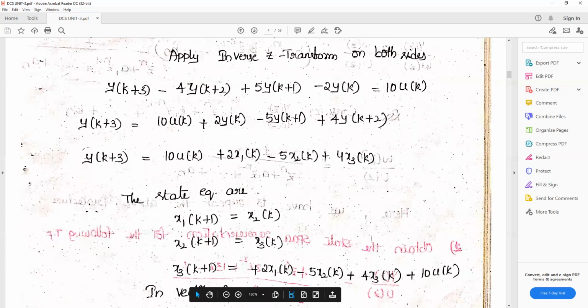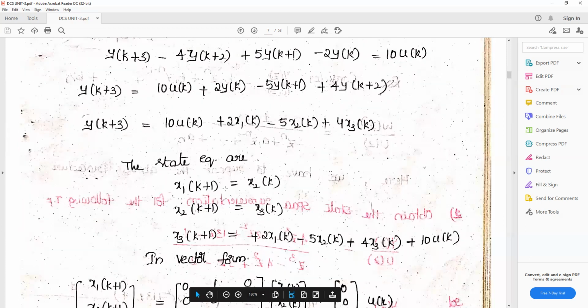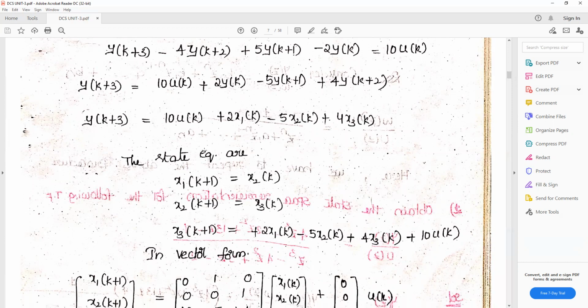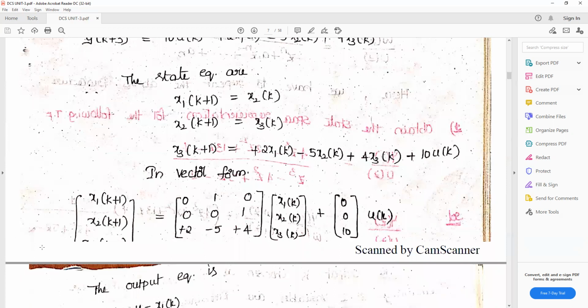so already we have the state equation. x1 of k plus 1 is x2, x2 of k plus 1 is x3, x3 of k plus 1 is minus 2, minus 5, minus 4 and 10. Okay, so x1 of k plus 1 is x2, x2 of k plus 1 is x3.